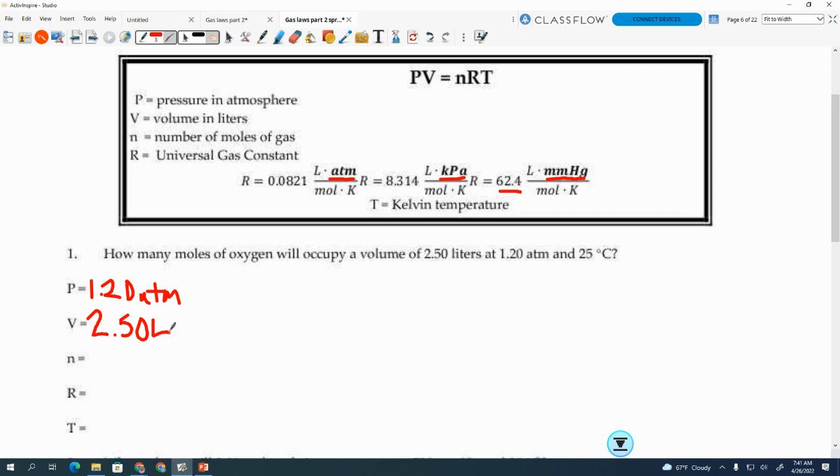Moles is what we want to know. We have an R, and because this is in atmospheres and all of that, I'm going to use 0.0821 liter atmosphere over mole Kelvin.